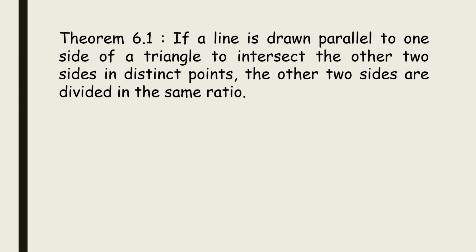It is theorem 6.1 in the NCERT book, and it is given as: if a line is drawn parallel to one side of a triangle to intersect the other two sides in distinct points, the other two sides are divided in the same ratio.